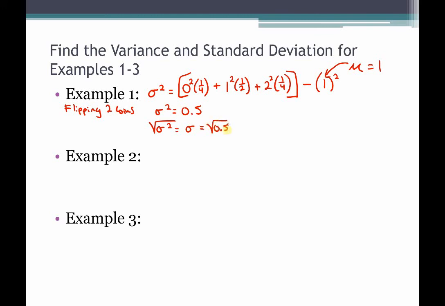So it's the square root of a half. And that doesn't work out so pretty, so I'm going to use my rounding rule. It says go to 1 more decimal place value than my outcomes. My outcomes are the 1, 2, and 3. Those are all whole numbers. So I'm going to go to the nearest tenth. So we have our variance. Standard deviation, don't make it any more work than it needs to be. Take the square root, move on in life. Okay?